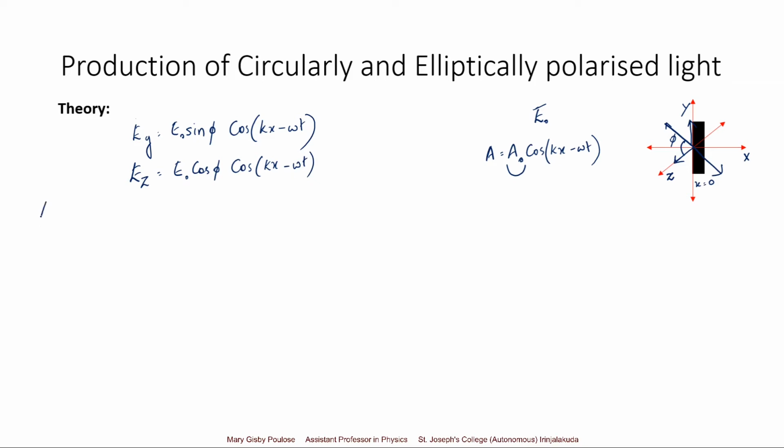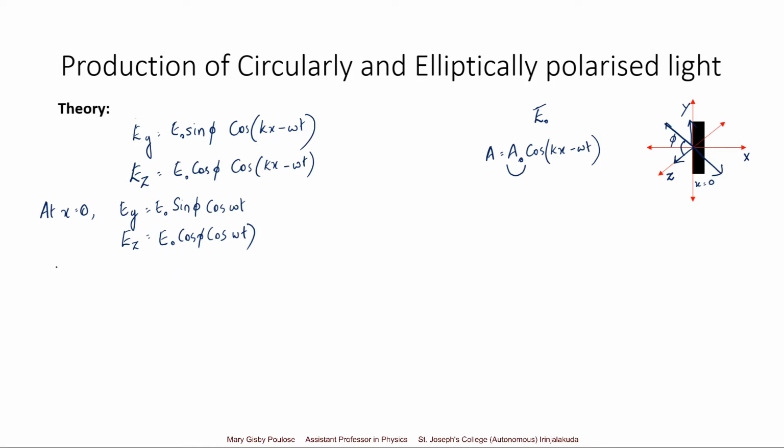Now, at the surface of the crystal at x equal to 0, we get Ey equal to E naught sine phi cos of omega t, and Ez equal to E naught cos phi cos of omega t. Now, when the light enters the crystal, it will split into these Ey and Ez components, and they will travel at different velocities through the crystal.